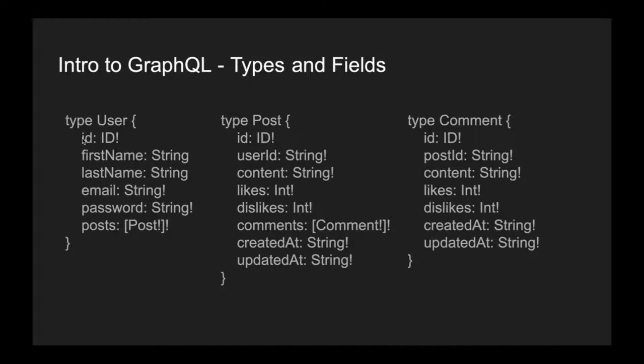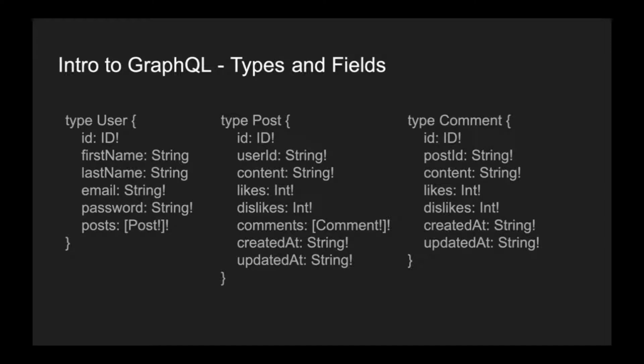I'm saying here that a user will have a unique ID, and the ID should never be null. And I'm also saying that the user is going to have a first name and a last name that should both be strings. Say, for example, that when a development team was making their create user flow, they decided to give the user a choice of whether or not they want to enter their first name and last name.